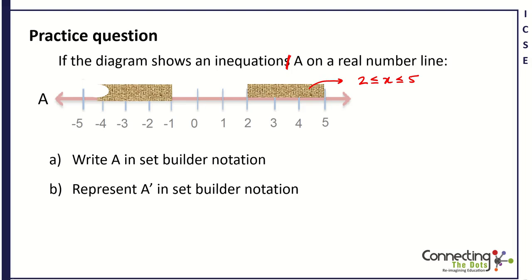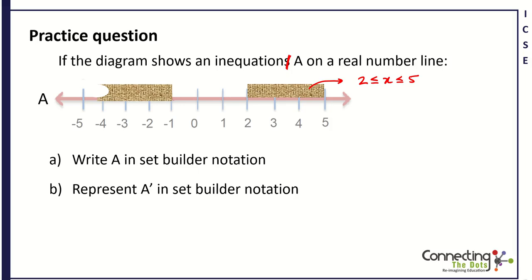What about this part of the number line? You can see that it goes from negative 1 here to negative 4, but the edge on negative 4 is curved, indicating that negative 4 should not be included. So how do we write that?